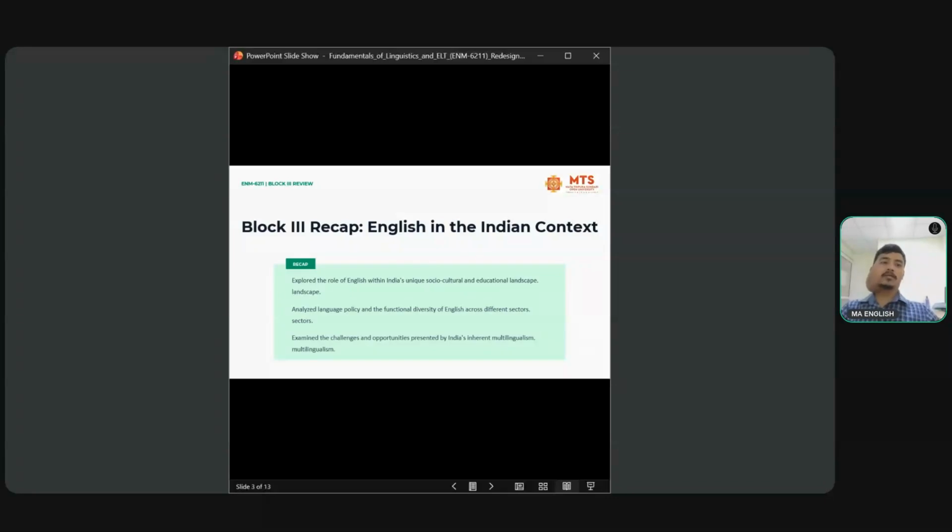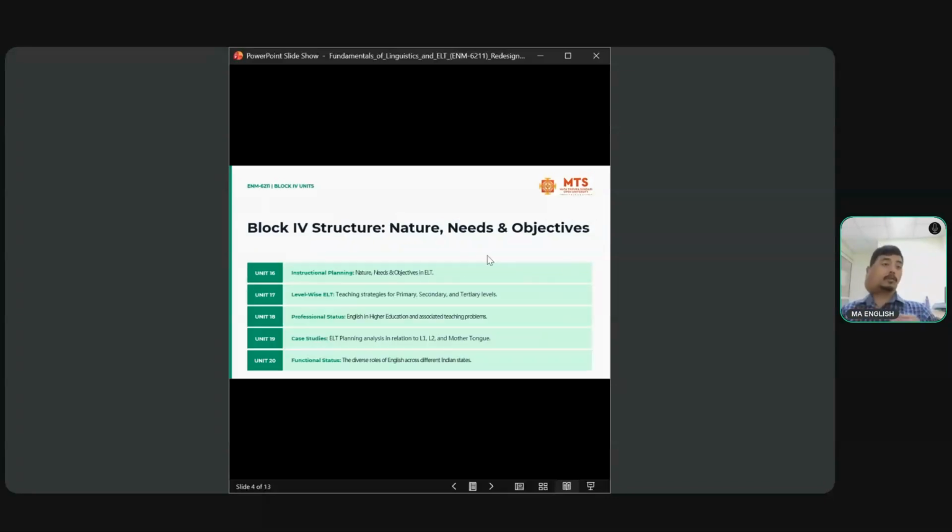Okay, so now next is the structure of block 4, the unit background. This is the structure from unit 16 to 20. First, in unit 16 we have instructional planning, and then in unit 17 we have level-wise ELT. Then unit 18 deals with professional status.